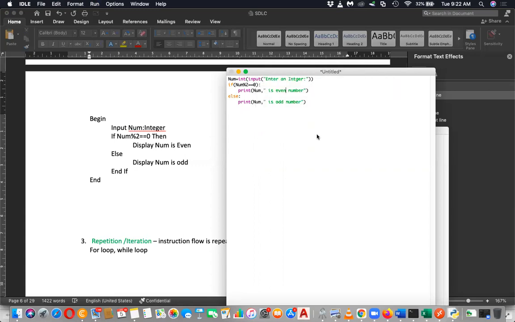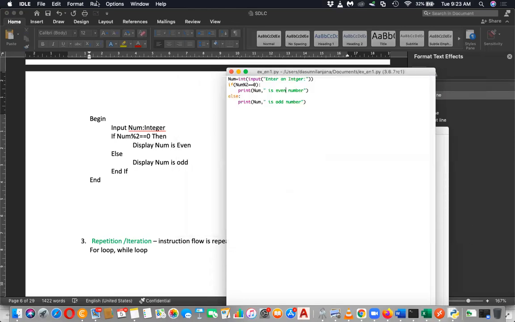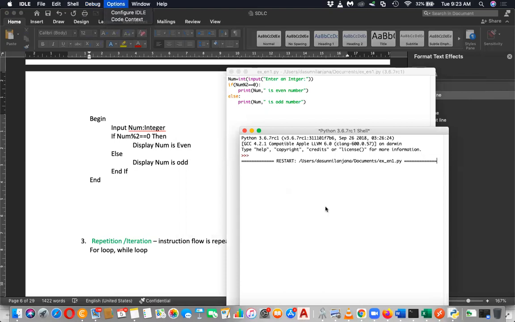After saving the file, let's save this as exercise 00 en1.py. Any name, just recalling the class name. Just run this, and then it will ask enter an integer: 56.